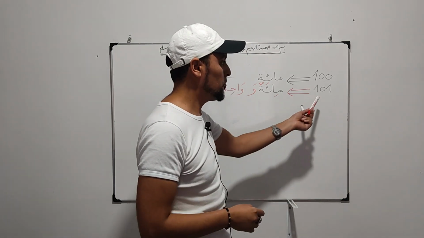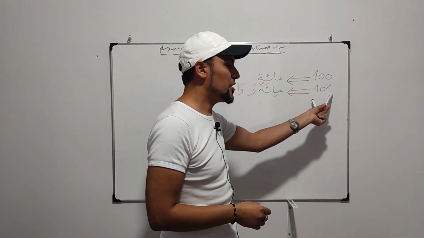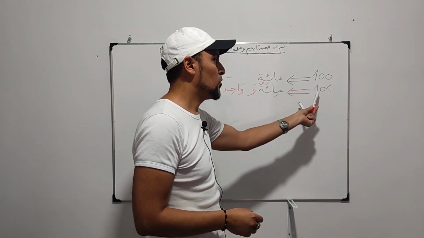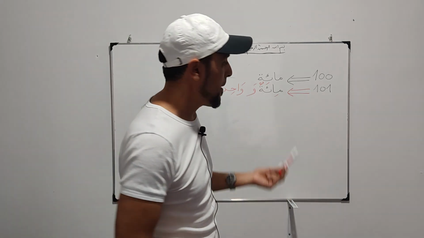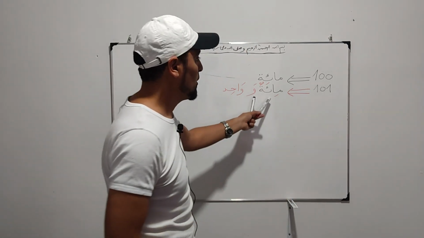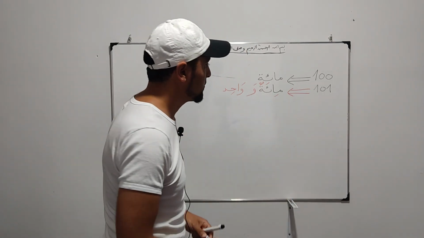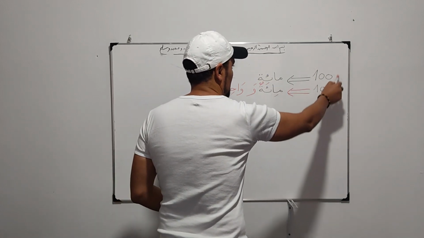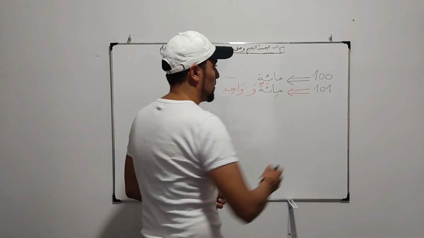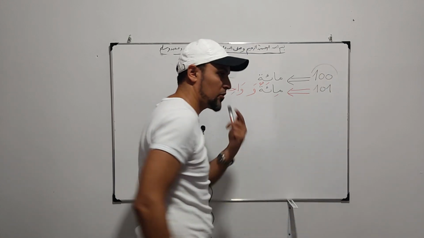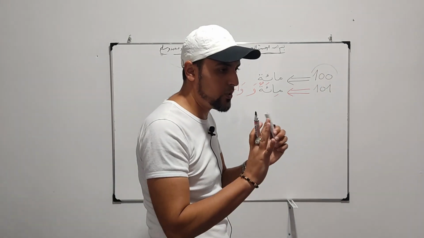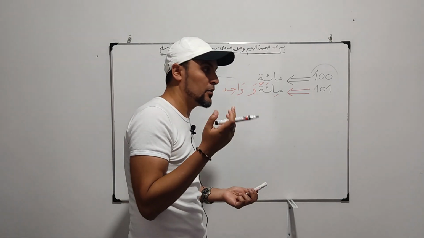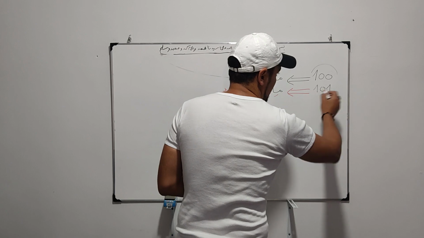You have to combine the first number on the right to this 100. For example, here, mi'ah. You will keep this mi'ah. We always start with this in pronunciation, mi'ah. Always you start with this number and you add what you want to add, starting from the right.